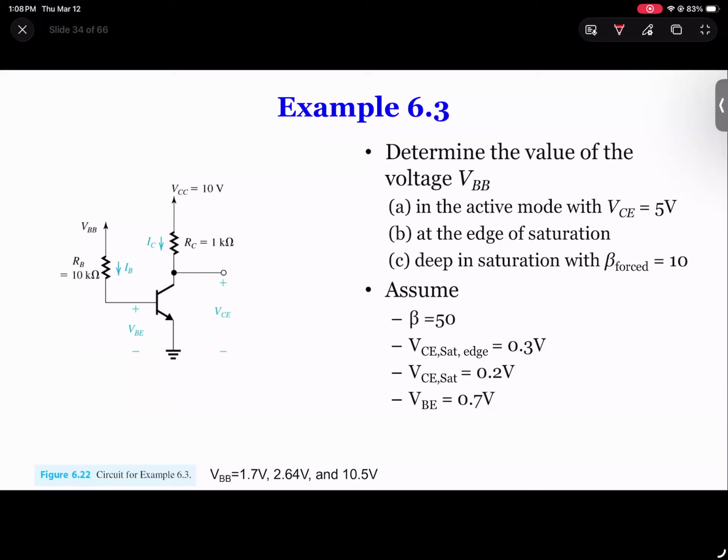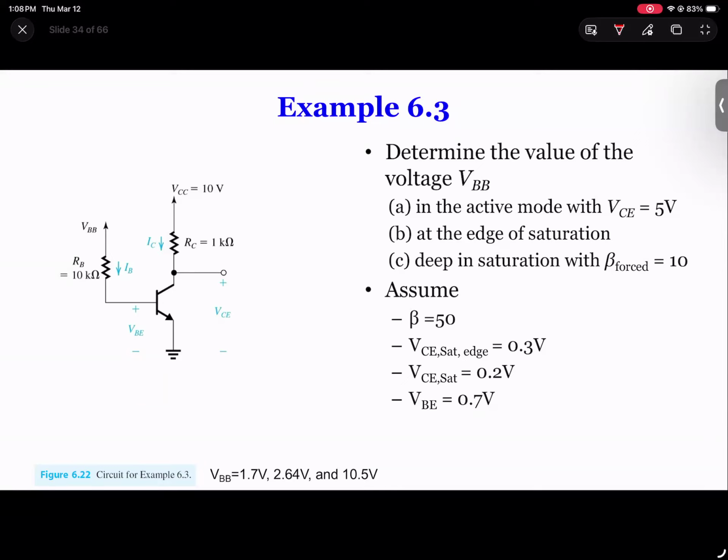The second says at the edge of saturation, which really means 0.3 volts between active and saturation mode. And full saturation, 0.2 volts. And also assume VBE is 0.7 and beta is 50.